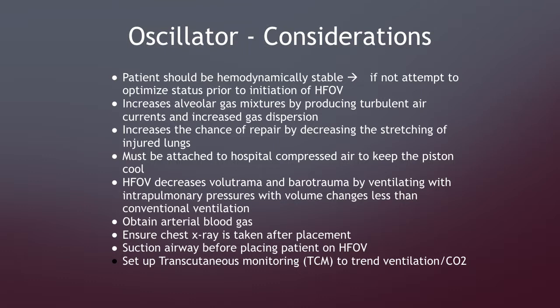If they're not, then you should really try to optimize their status prior to putting them on the oscillator. It increases your alveolar gas mixtures. It enhances the chance of repair by decreasing the closing and stretching of your injured lung.